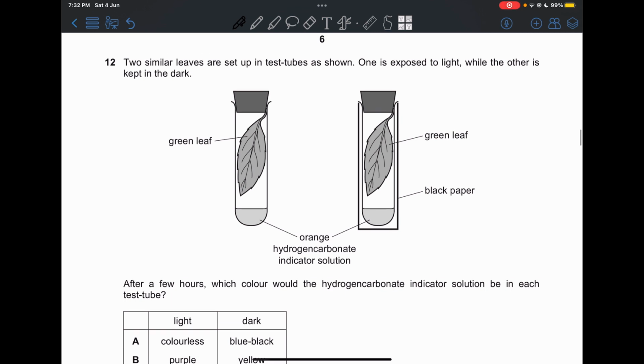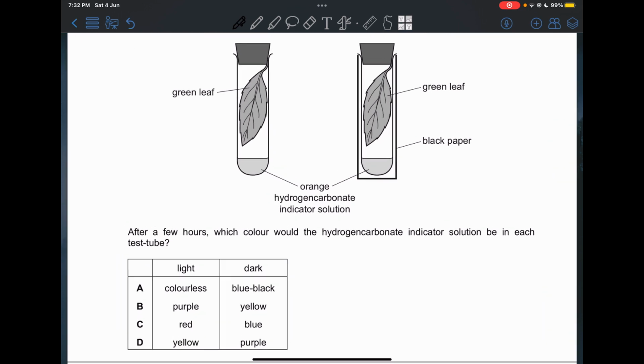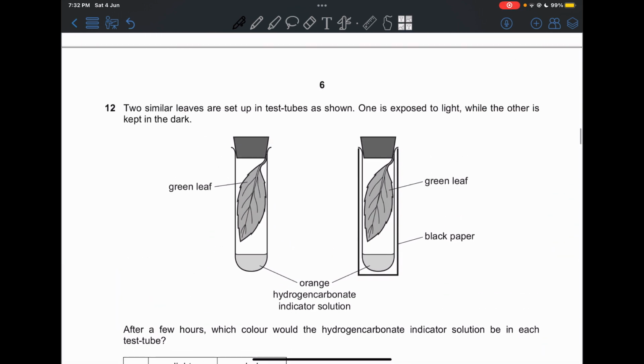Now number 12. 2 similar leaves are set up in the test tubes as shown. One is exposed to light while the other is kept in the dark. Now I'll tell you something. If it's exposed to the light, then of course this is photosynthesis. Now if it's in the dark, then the plant will respire because it's not gaining any light.